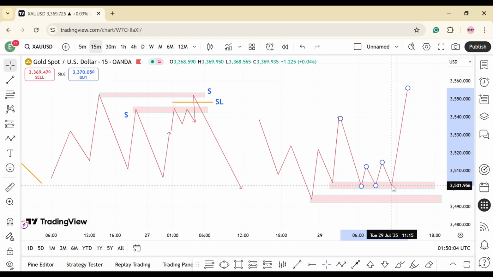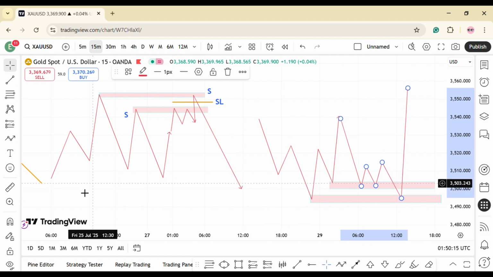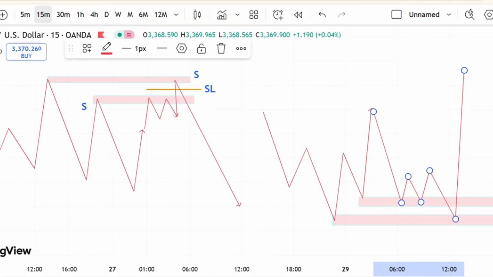It is better you close in half profit, because they said half bread is better than none. You understand? Or market will use you as liquidity. Now let's go to the chart.